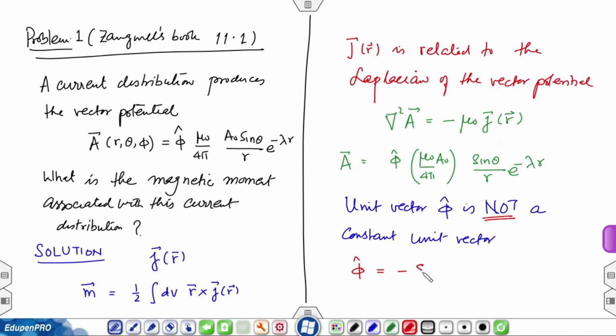So, phi is minus sin phi x plus cosine phi y, and x and y are constants. Then I can just focus on only the function part and not worry about differentiating the unit vector part.